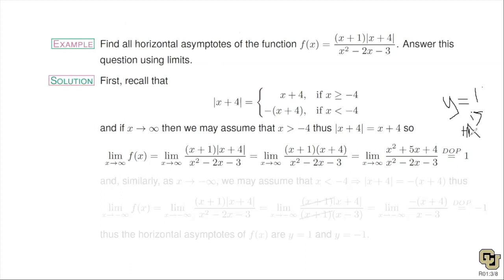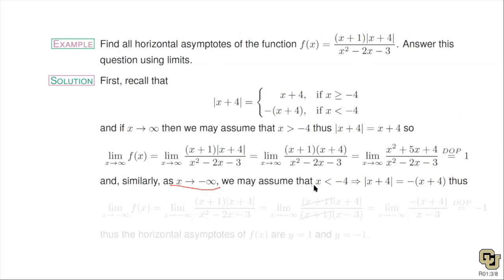Let's do the other limit as x goes to negative infinity. Again, the logic is x is going to negative infinity. So x at some point will be less than negative 4. And by definition, I can replace the absolute value of x plus 4 with negative quantity x plus 4.